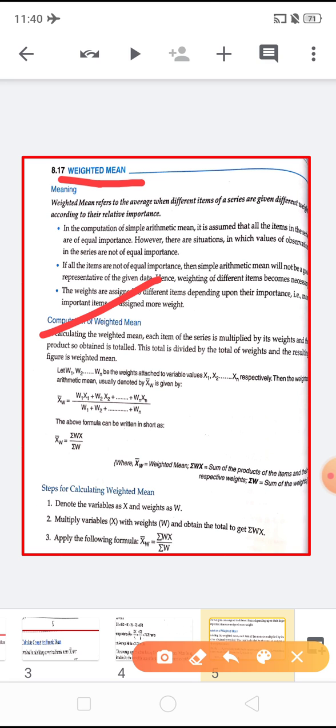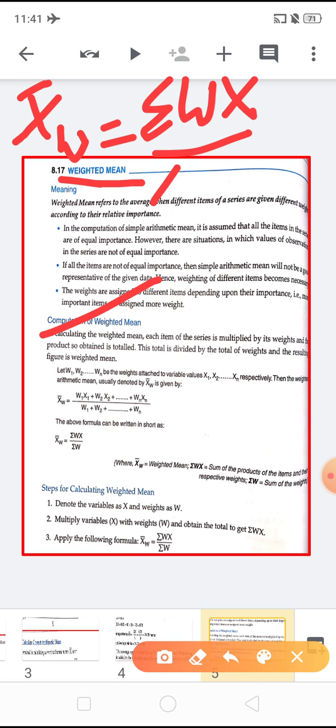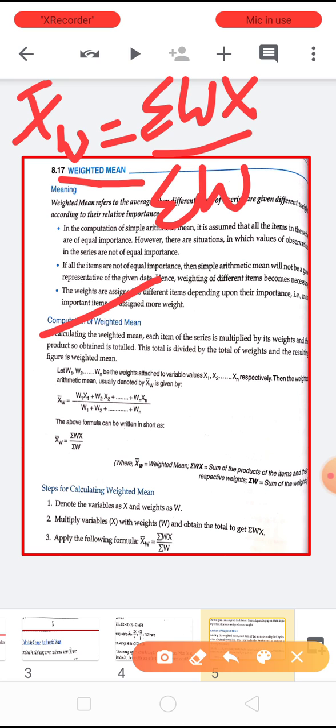Suppose we need to find a weighted arithmetic mean. The formula is sigma wx divided by sigma w. Here, sigma wx means the sum of the products of the items and their respective weights, and sigma w is the sum of the weights.